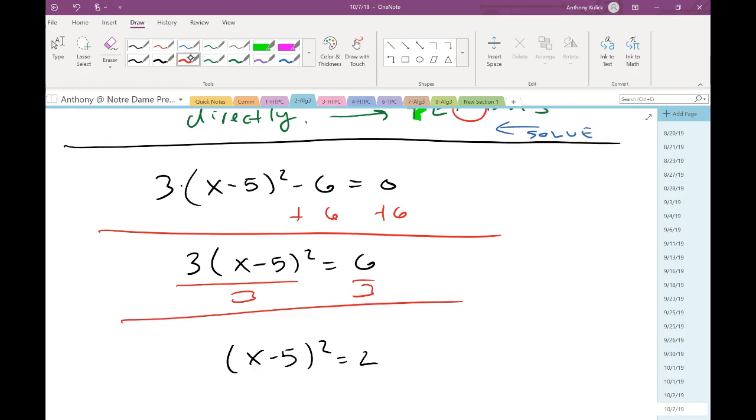And now it's time for the exponent. How am I going to get rid of that squared? Yeah, I'll just take the square root of both sides. Everybody okay with that?